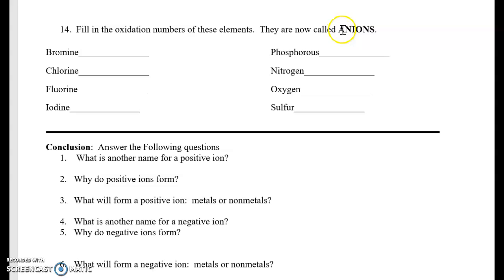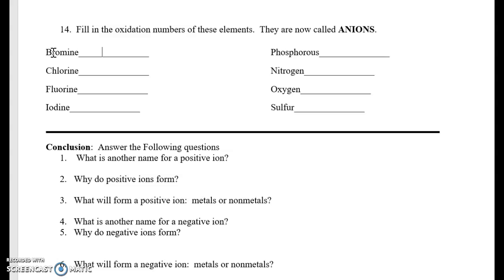First off, remember we talked about cations earlier. Cations are positive. Remember the pause that I put up on the whiteboard to help you guys remember. So obviously, if cations are positive, anions are going to be negative. So when we look at filling in the oxidation numbers of these elements, we look at bromine first.